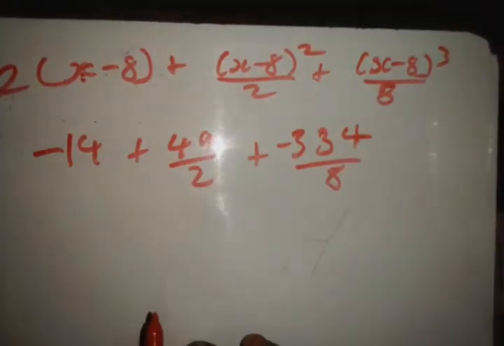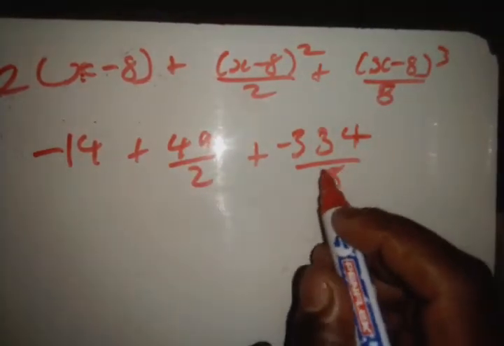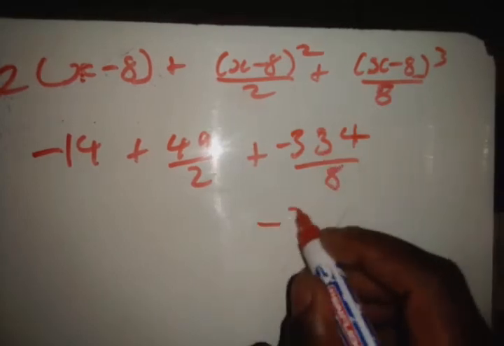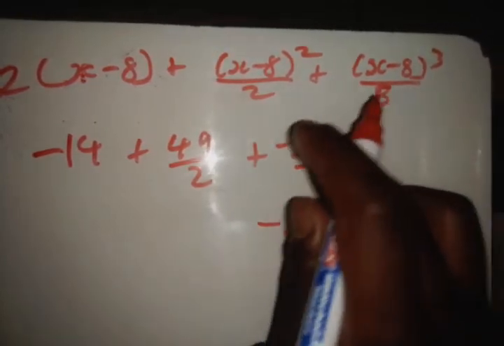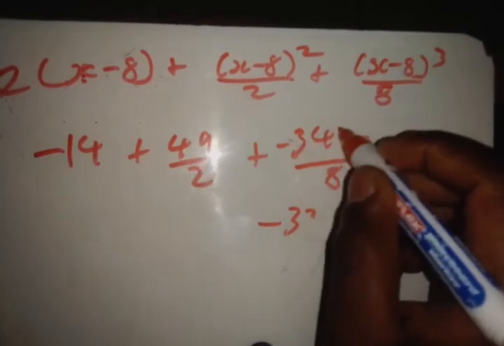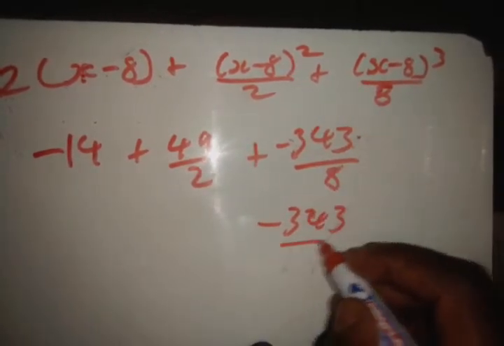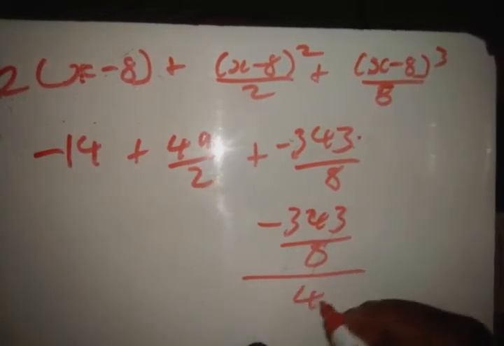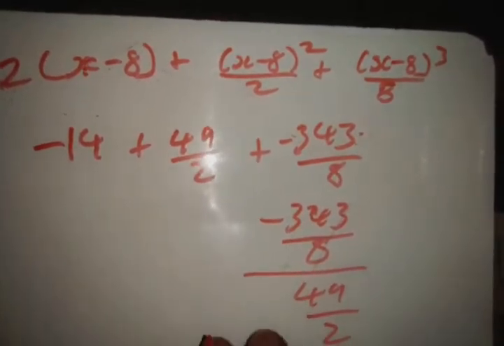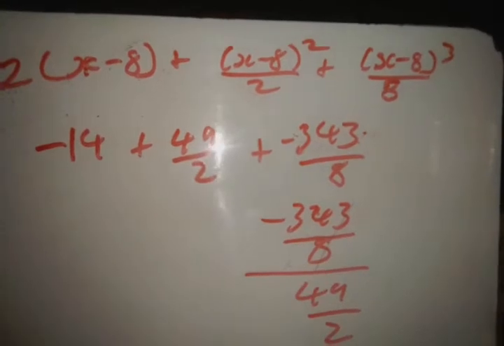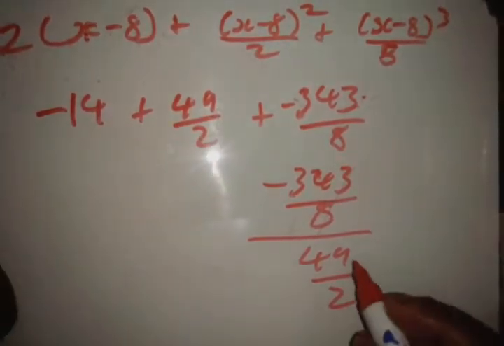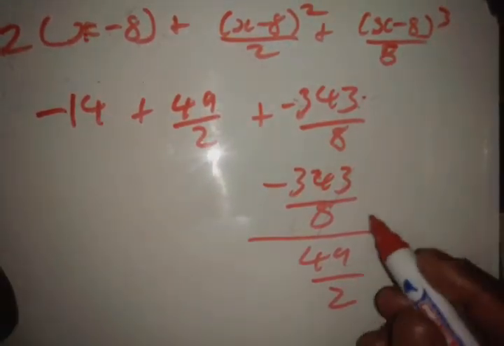Now be careful when typing this into the calculator. If you type this, okay, I made a mistake here, it's actually negative 343. So if you type negative 343 over 8 divided by 49 over 2 like this in a calculator, you'll do well, but you must be careful. The mistake that most people make is that their intention is this.